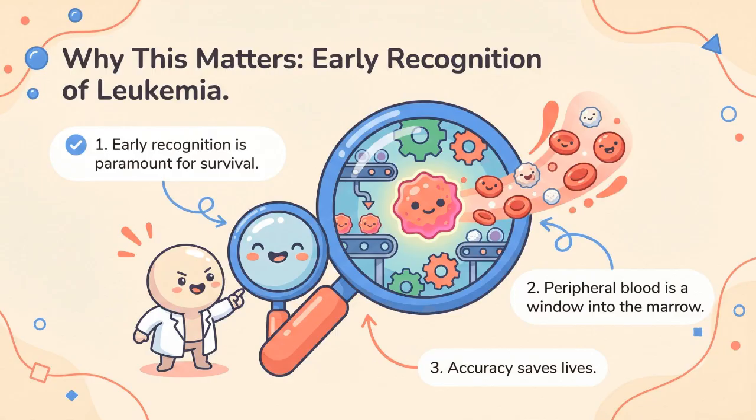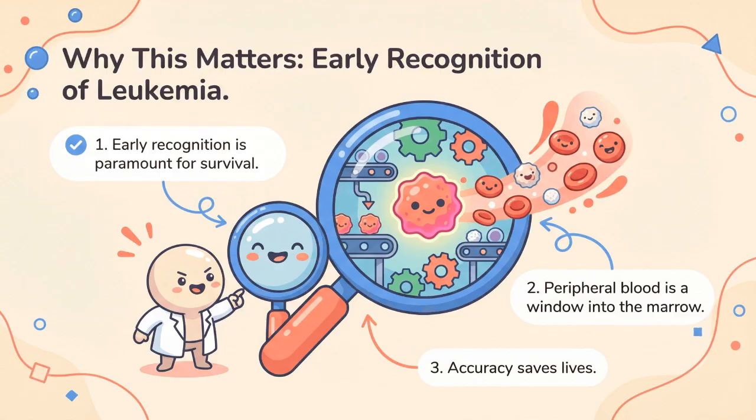Your role as a histotechnologist in identifying these early indicators is indispensable. A timely and precise report from the laboratory can trigger immediate clinical intervention, potentially saving a patient's life. Therefore, the skills you develop this week are directly linked to improving patient outcomes and are a testament to the critical importance of your profession in the healthcare ecosystem.